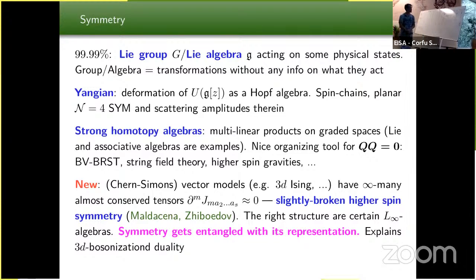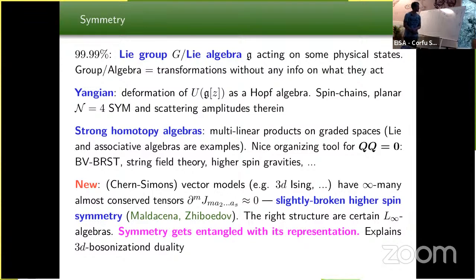And so the new part is related to the slightly broken higher spin symmetry, which is thanks to having a lot of almost conserved tensor currents. And in this particular situation, the mathematical structure is this L infinity, and I think that's maybe the first occurrence of L infinity as an actual physical symmetry, because usually it plays a lot of role, but it doesn't act on physical operators.